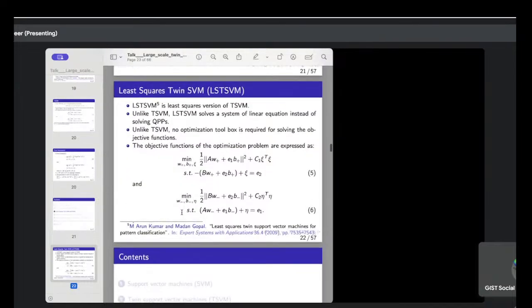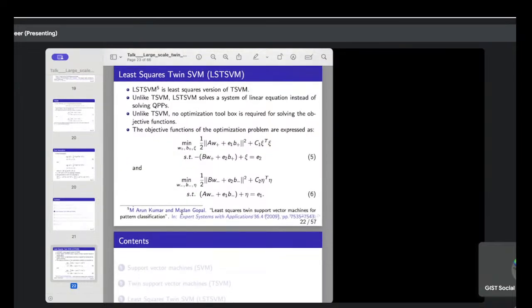Now, another very efficient algorithm was developed in 2009. If you look at the twin SVM formulation, there are two major changes. One is that they replace the inequality constraints with equality constraints, and they replace the one norm of the slack variable with the two norm of the slack variable.